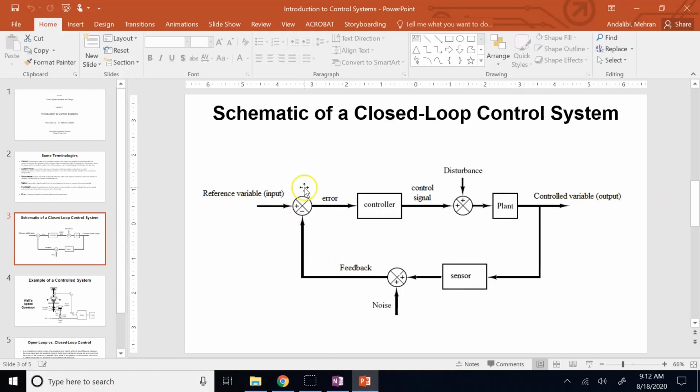Now you want this output to be set at a specific input value or follow a specific time varying input. Okay, so let's say it's the temperature of the room. You want to set it at 70 degrees Fahrenheit, but now that you measure it with the thermocouple, it is 75, right?